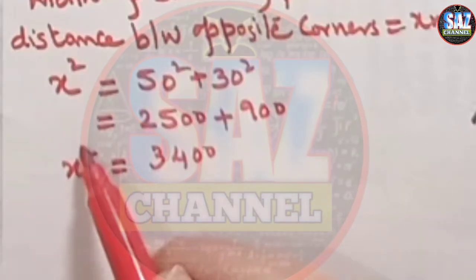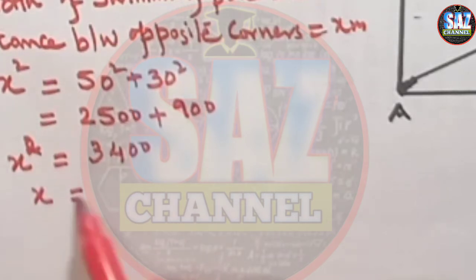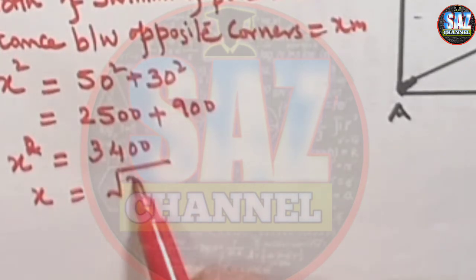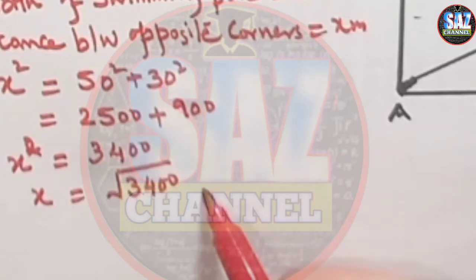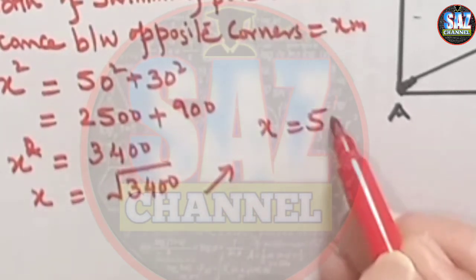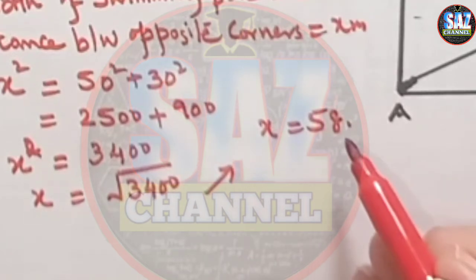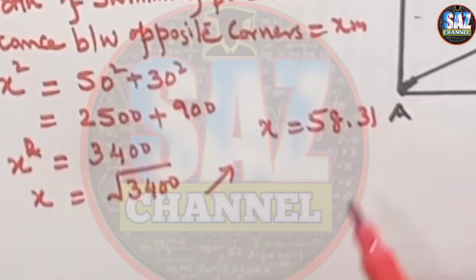Now finally I have to take the square root on both sides to get the value of x. The square root of 3400 is 58.3. So x equals 58.30.